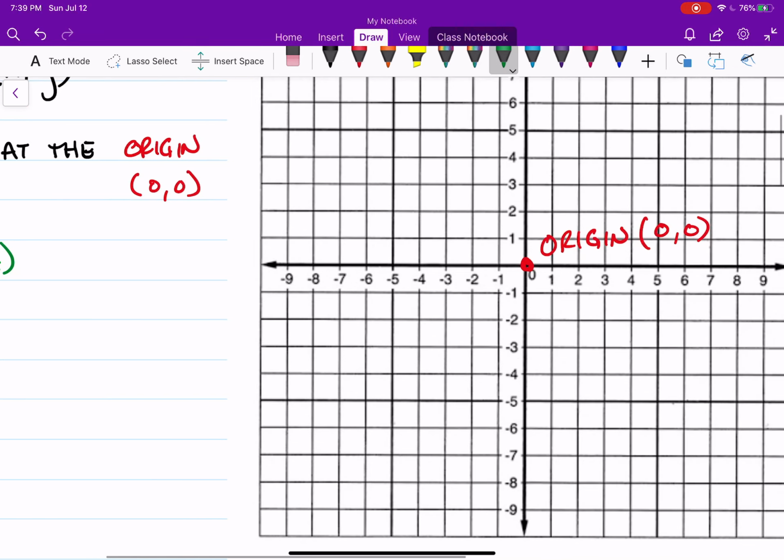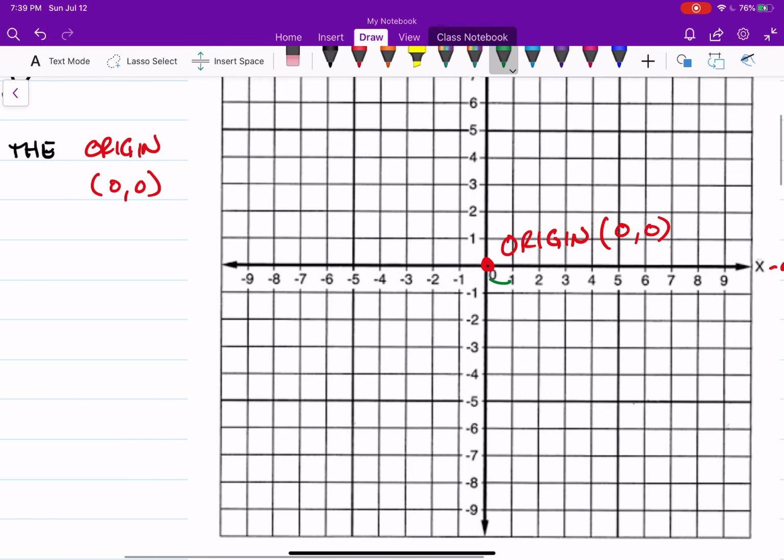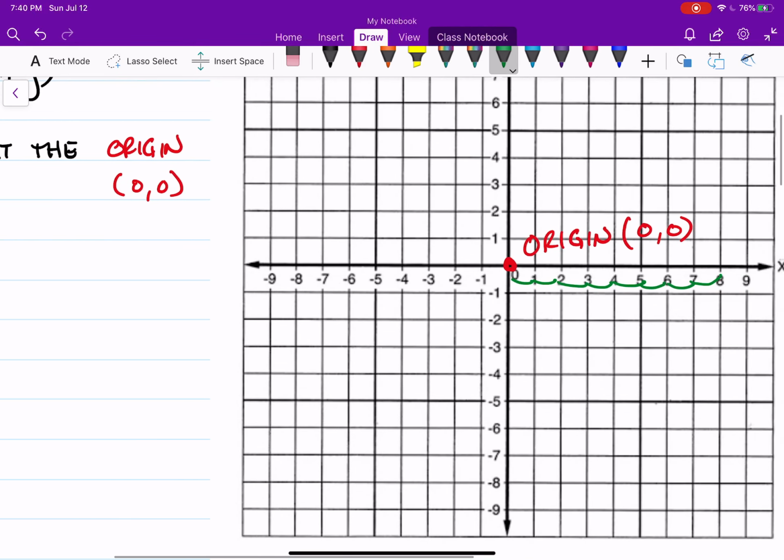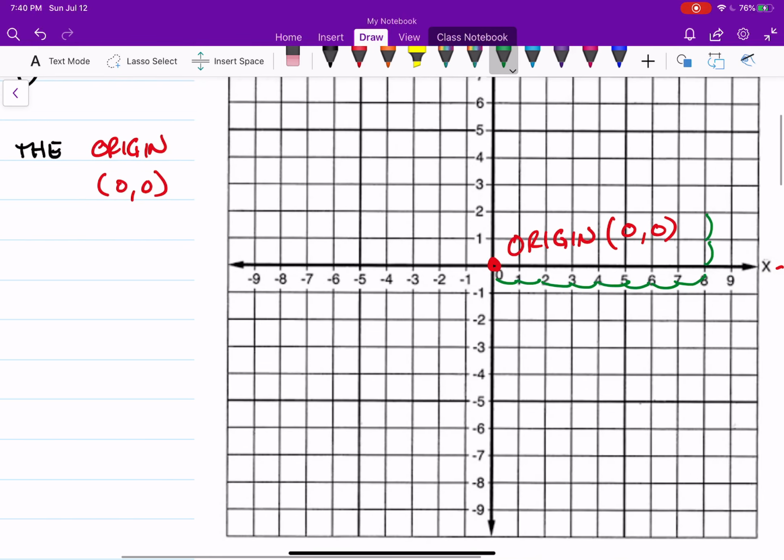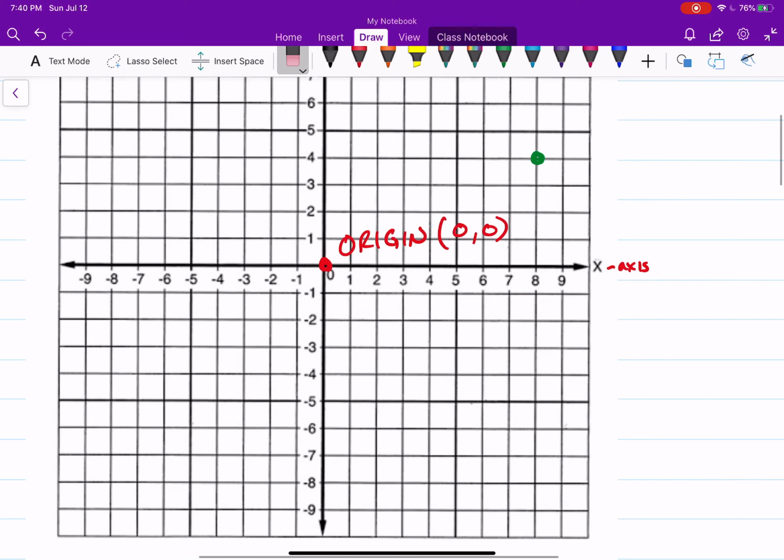So I start at the origin, move 8 times to the right, 1, 2, 3, 4, 5, 6, 7, 8. Then I move 4 times up, 1, 2, 3, 4. That is my point right there. This is my A, which has a point (8, 4).